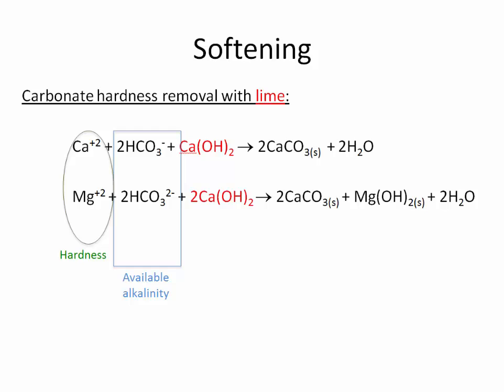In the second reaction, lime is also added, and lime that is added, calcium hydroxide, reacts with available alkalinity and hardness. And here you'll see that we added 1 mole of calcium hydroxide and 2 moles of calcium hydroxide here. And in the first reaction, we get out 2 moles of calcium carbonate.